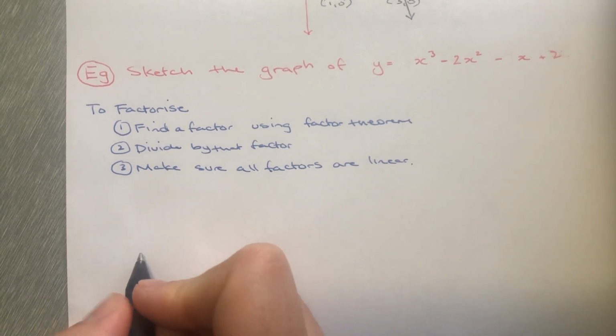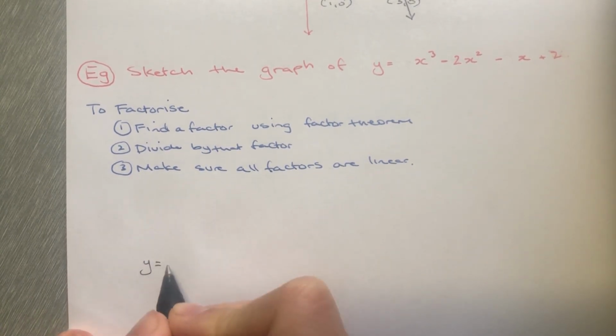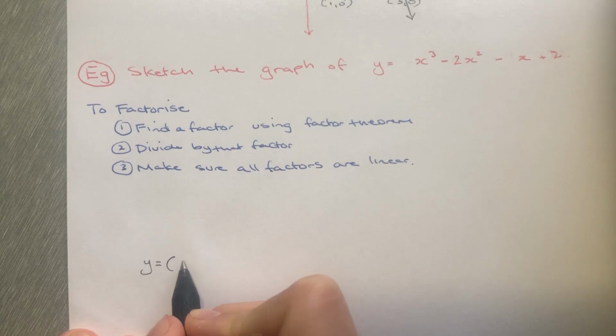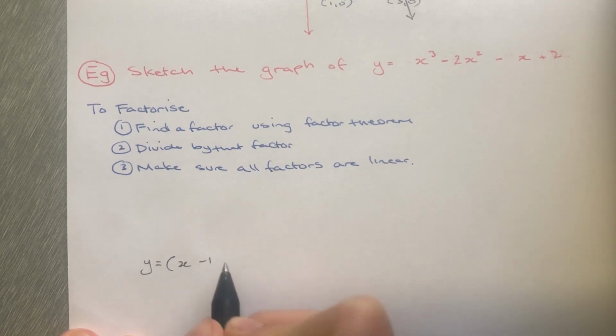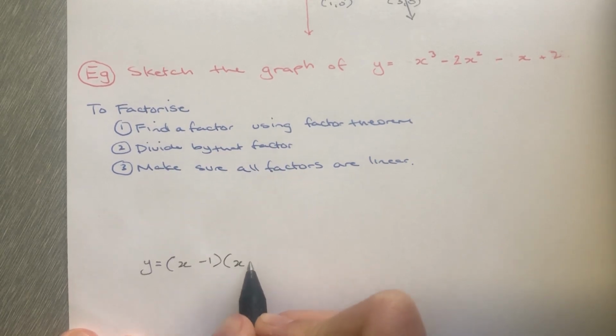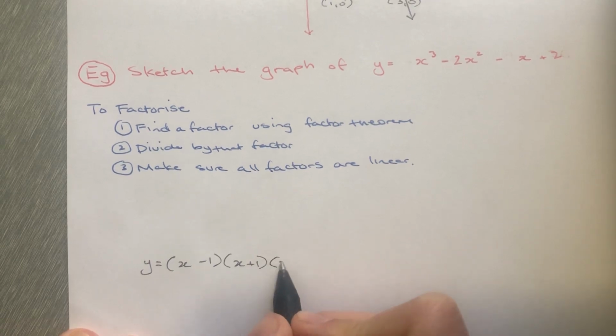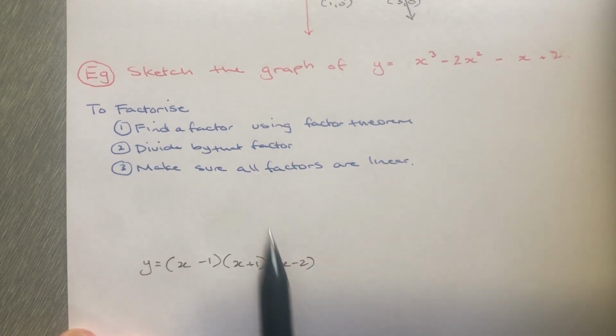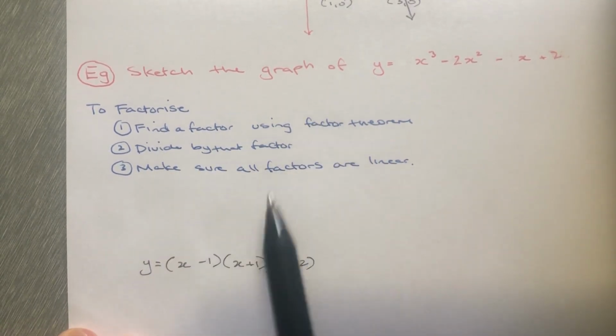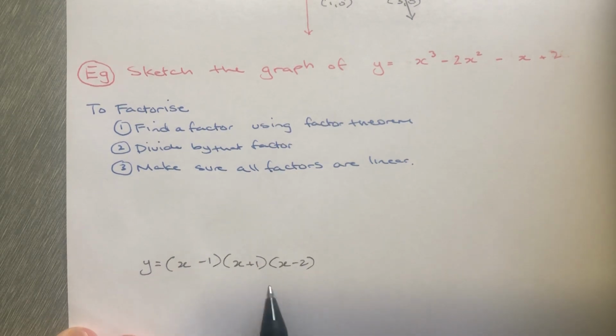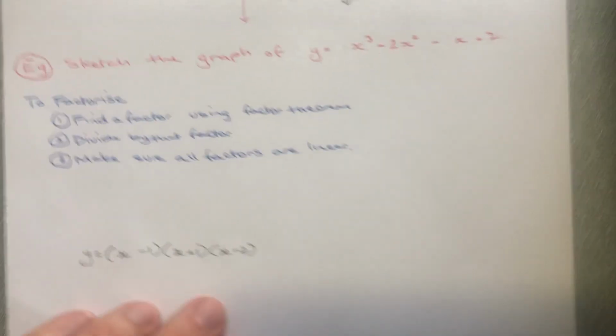your answer or your rule is going to end up looking like this. After you've completed all those steps there. Now from this, we should be able to sketch that graph. Yeah, so I'll do it very, very quickly.